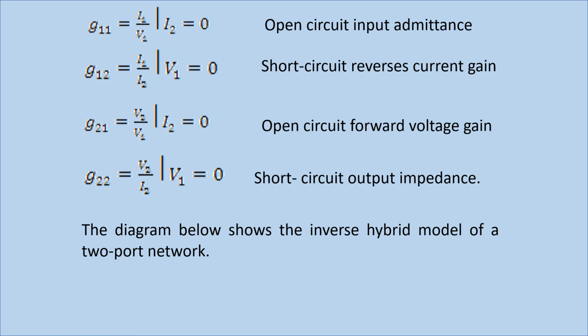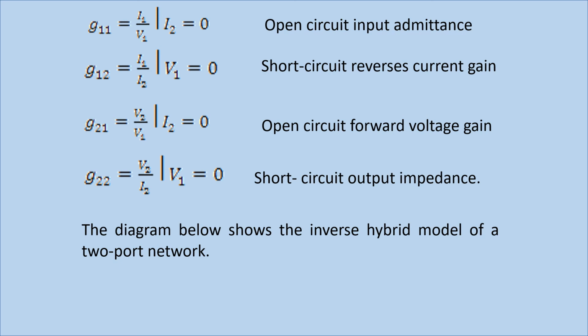G11 equals to I1 over V1, input current over input voltage, provided that your I2, the output current, equals to 0. And your G12, that is your short circuit reverse current gain, equals to input current over output current, provided that your input voltage V1 equals to 0.